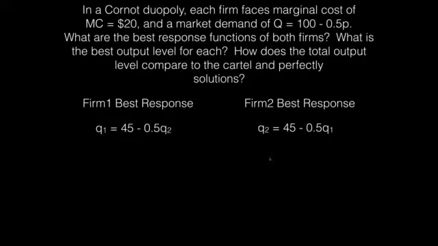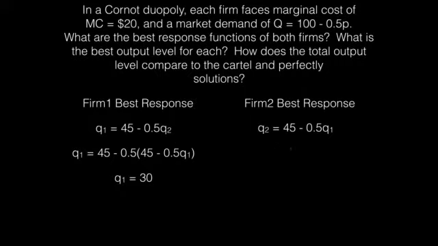All right. And in order to find out what their best quantities are, we just stick the respective other firm's best response function into the other firm's function. So if we're looking for firm 1's best response, we place firm 2's best response into firm 1's best response. We do that there and we solve for Q sub 1, and Q sub 1 is equal to 30. And we do the same for firm 2.